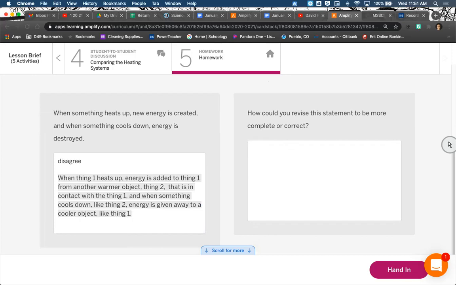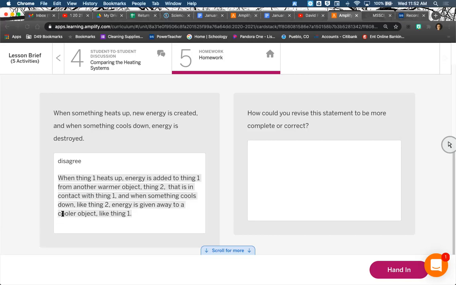So let's see if this makes sense. It sounds a little confusing, doesn't it? When thing one heats up, energy is added to thing one from another warmer object, thing two, that's in contact with thing one. Okay.